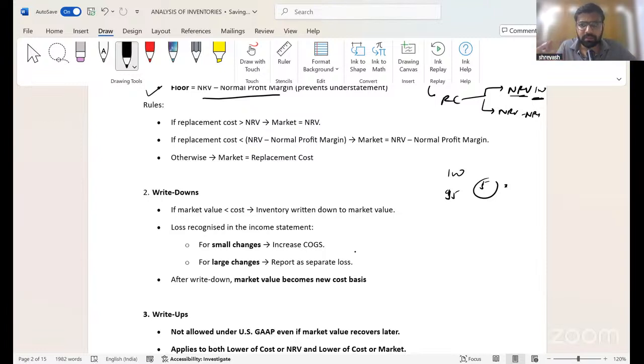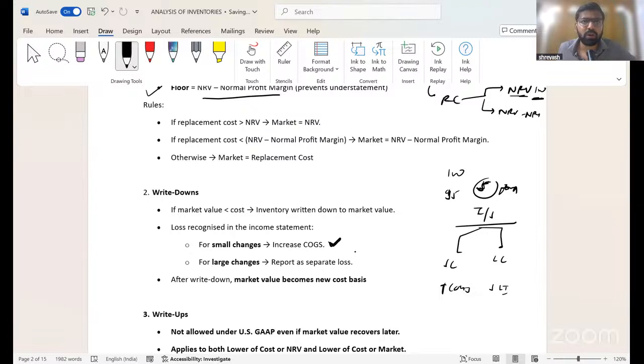Is it the same in US GAAP? No. In US GAAP, for small changes, you increase the COGS. If there's a write down in value, it is rupees 5, that means there's a loss. How do you recognize this in income statement? If this is a small change, you increase the COGS, and if it is a large change, then you recognize that as a separate line item in the income statement.